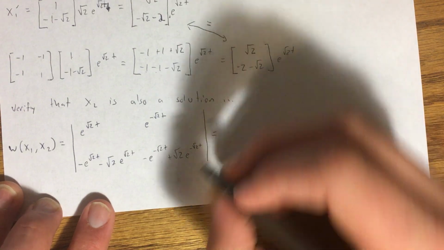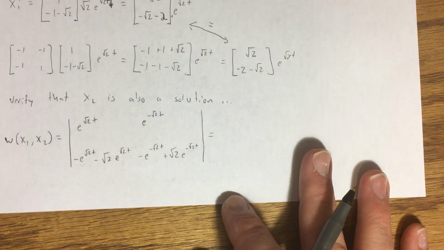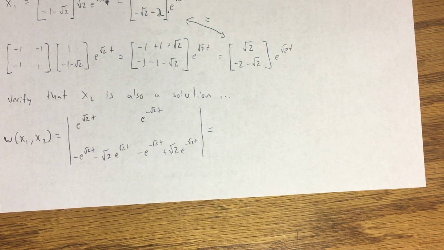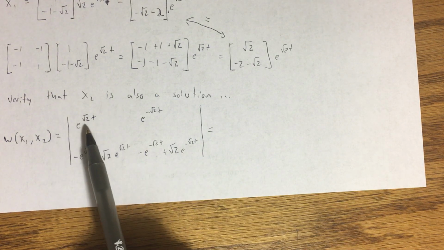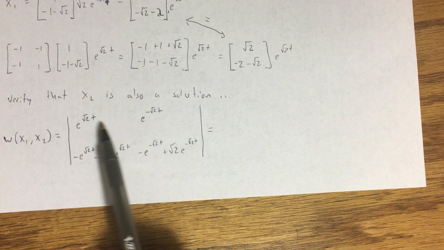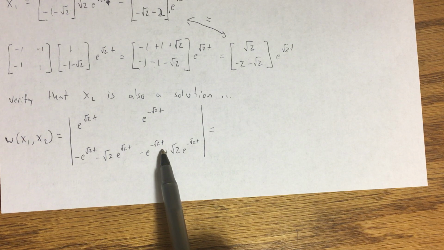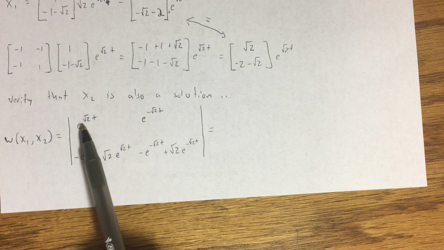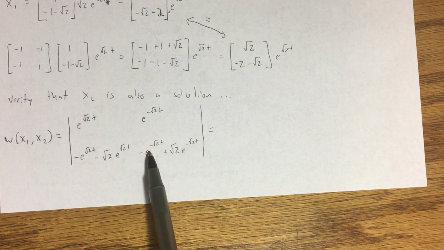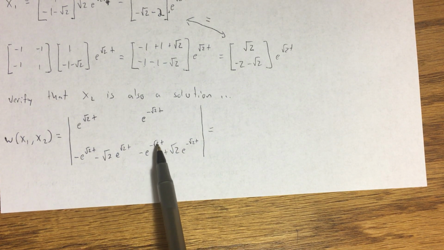Okay, and we did something kind of similar to this before, where we made an observation that helped with the evaluation of this determinant. When I evaluate this determinant, multiplying these entries along the main diagonal, I'm multiplying exponentials of the form e to the root 2t times exponentials of the form e to the negative root 2t.